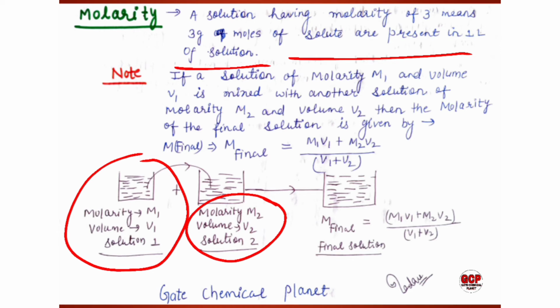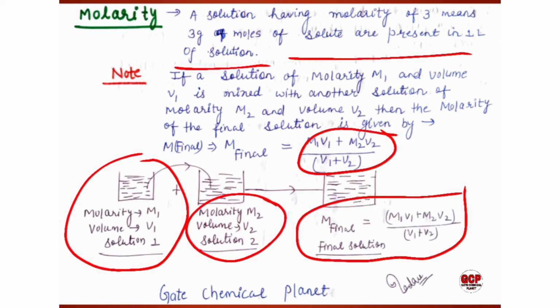So if a solution of molarity M1 and volume V1 is mixed with another solution of molarity M2 and volume V2, then the molarity of the final solution is given by M1 V1 plus M2 V2 divided by the total volume V1 plus V2. Okay, so this is the final molarity of the system.